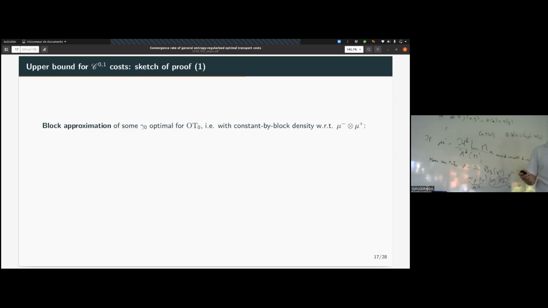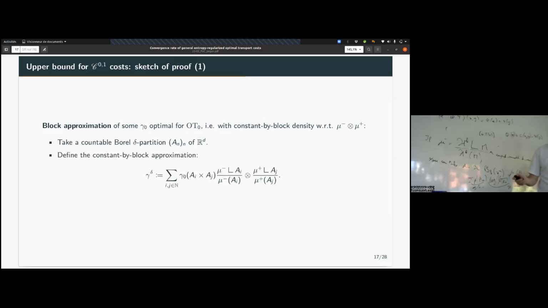You start with some gamma 0 optimal for T0, and you do a constant by blocks approximation of this. You take a countable delta partition, and you have these blocks A_i times A_j, and on each block you replace your measure gamma 0 by something which is absolutely continuous with respect to the product of marginals, and which has the same total mass, gamma 0 of A_i times A_j.